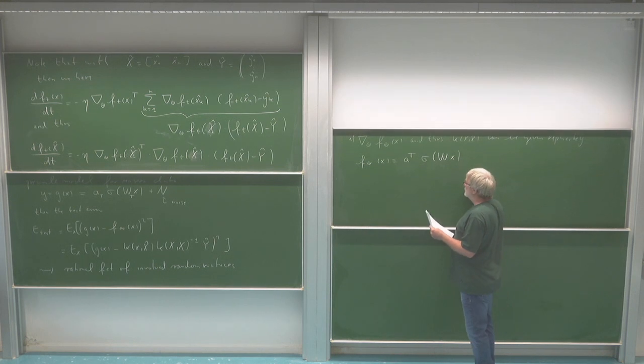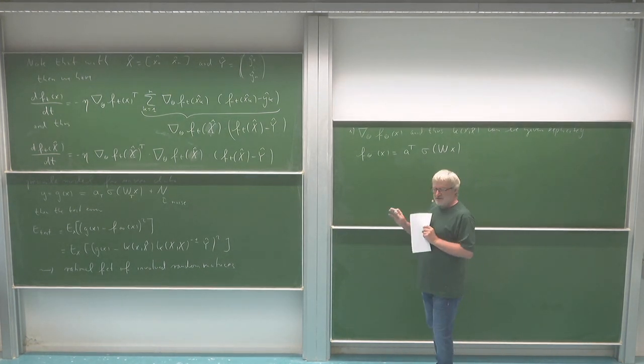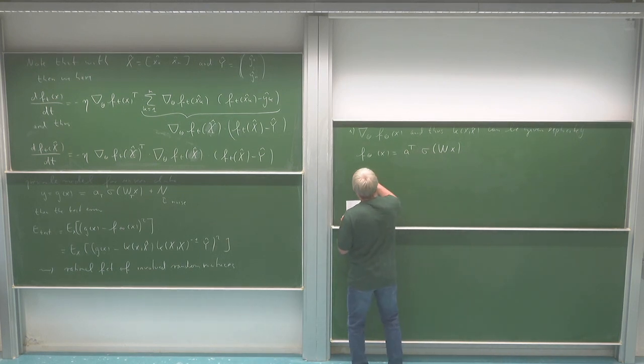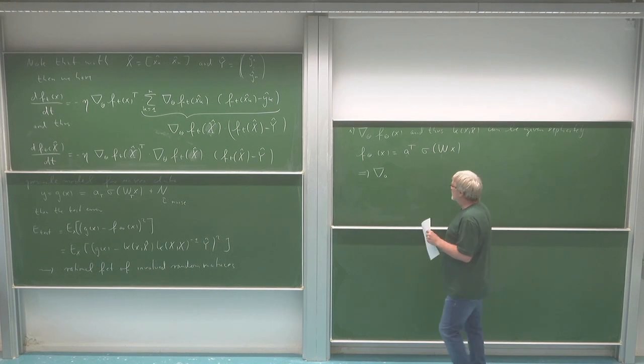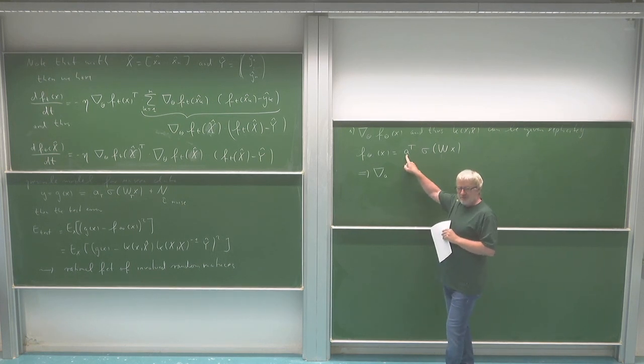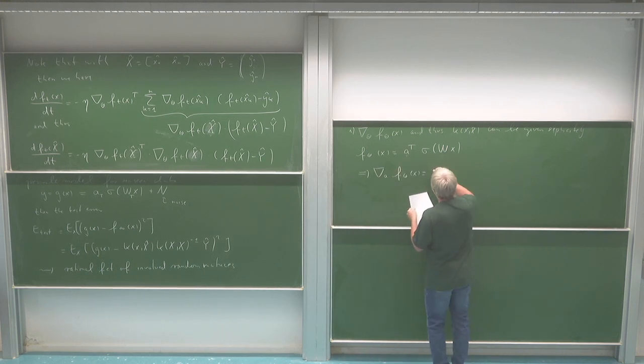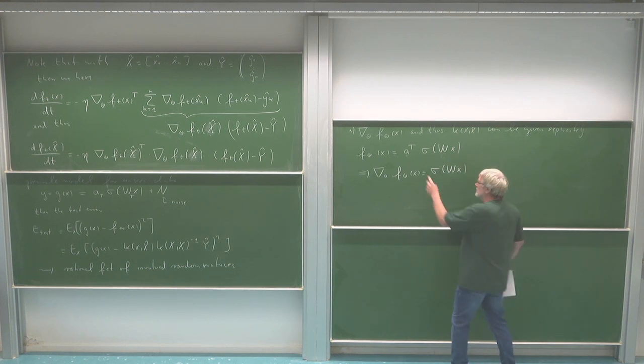Good. And so what is the gradient of this? We have to take the gradient with respect to the components of A and with respect to the components of W. So maybe first of all, the gradient with respect to A. A is just a vector. So this means I just take the derivative with respect to the A here, and then of course I'm just left with the rest here, the nonlinearity of Wx.